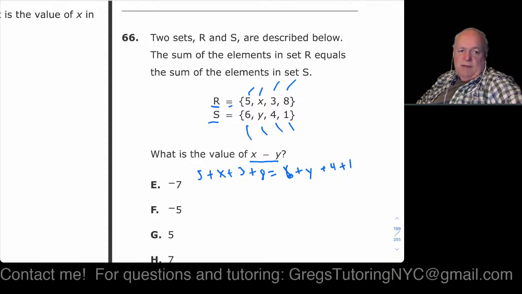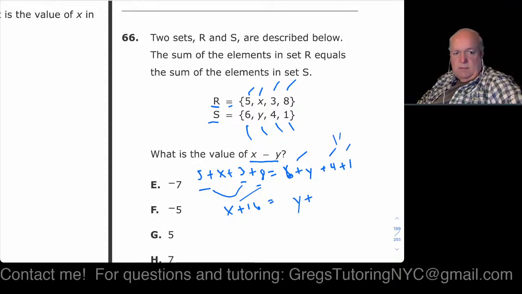If I add 5 plus 8 plus 3, if I did that right, I'm getting X plus 16 equals, and then I have 6 plus 4 plus 1, that's 11. So that's Y plus 11, okay? They're looking for X minus Y, so if I subtract Y from both sides, I get X minus Y plus 16 is equal to 11, and I'm going to subtract 16 from both sides.